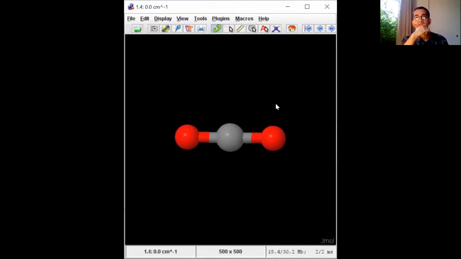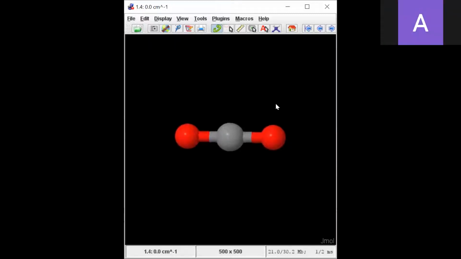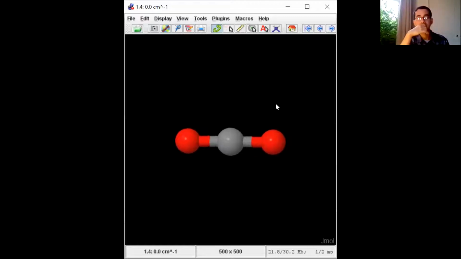And here's another one. So as you see here, using a simple molecule like carbon dioxide and a little bit of access to computational chemistry software, a principal part of which is still open source, you can visualize these vibrations easily and try to understand your physical chemistry and spectroscopy coursework.